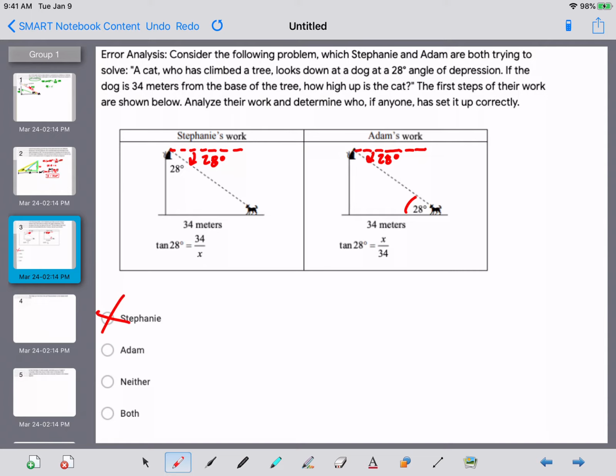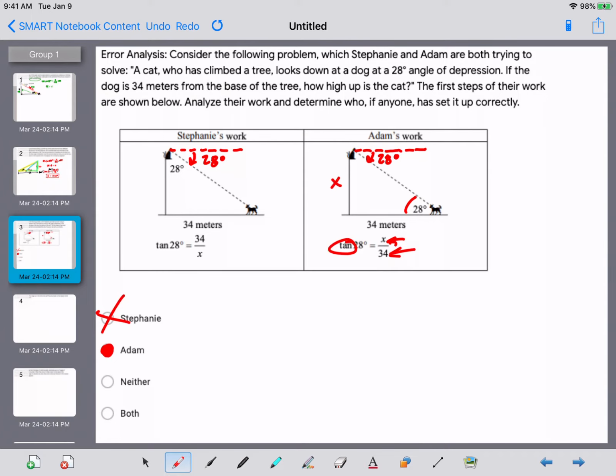So if we look at Adam's work, he's saying the tangent of 28 degrees is equal to, we're trying to find the height of the tree, or the height of the cat in the tree. So that's opposite the 28 degrees, 34 is adjacent. So it makes sense that we would use tangent, and we have opposite over adjacent. So Adam is right. So that is our right answer there.